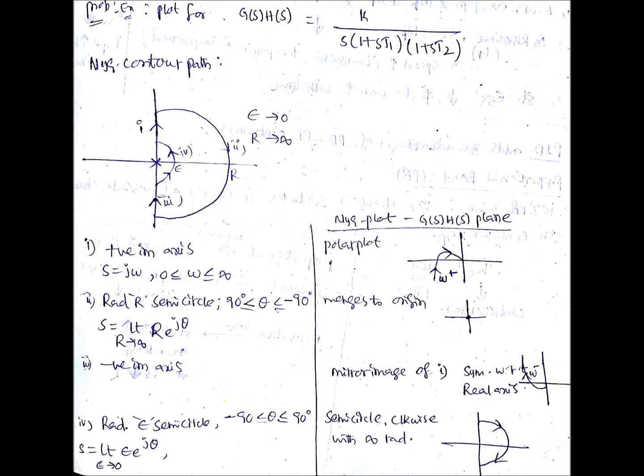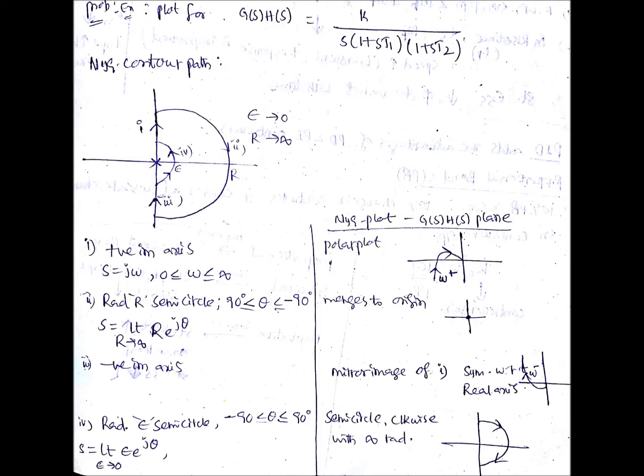Suppose I consider G(s)H(s) like K by s into (1 plus sT1) into (1 plus sT2). Here the only imaginary axis pole is s equals 0. Leaving that, you need to consider all the possible paths in the Nyquist contour path. I have shown four parts. First, omega varies from 0 to infinity.